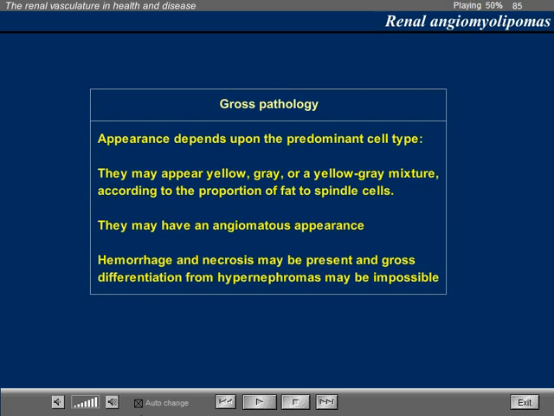Hemorrhage and necrosis may be present, and gross differentiation from a hypernephroma or renal cell carcinoma may be impossible. Some surgeons have removed angiomyolipoma in the assumption that the patient had a renal cell carcinoma, because on gross examination, the two lesions may be morphologically identical.